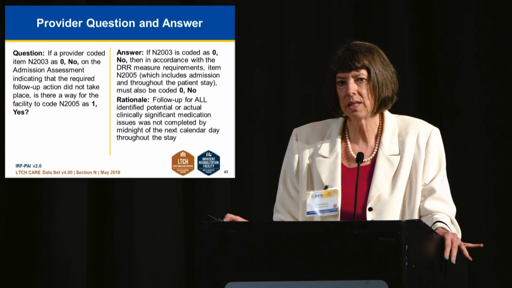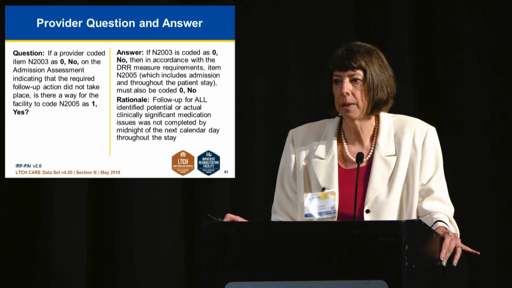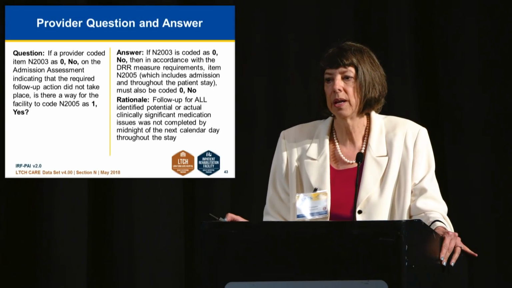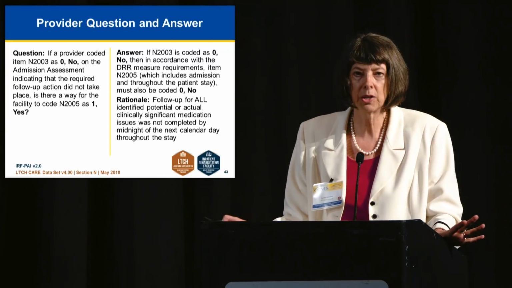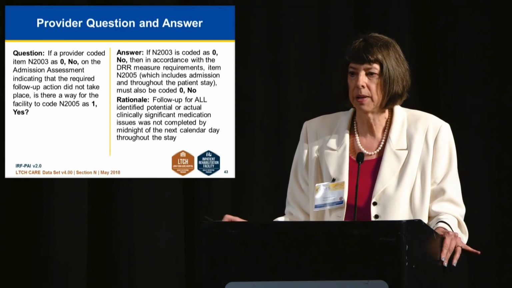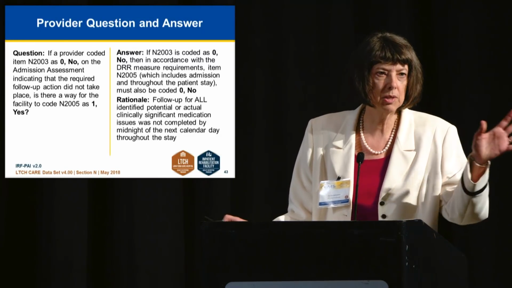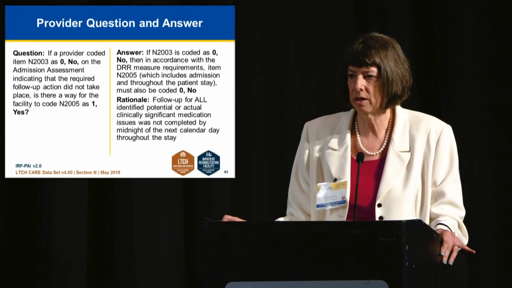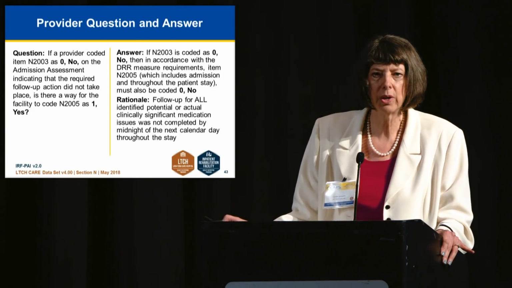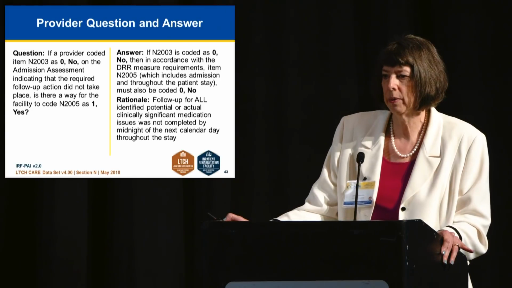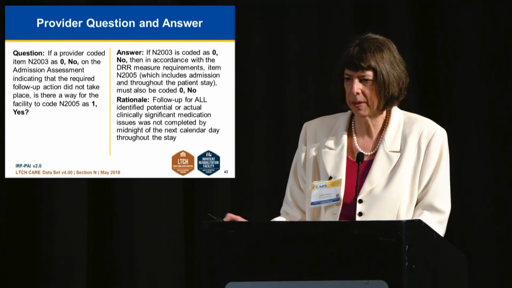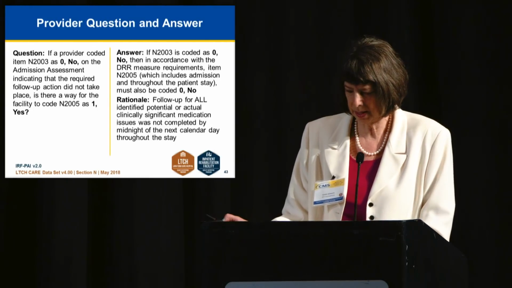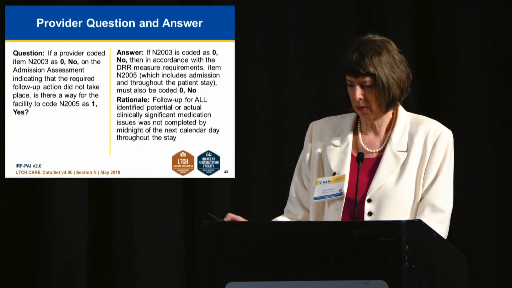The answer is, if N2003 is coded as 0, no, then in accordance with the DRR measure requirements, item N2005, which includes admission all the way through discharge, must be coded no. The rationale is that follow-up for all of the identified potential or actual clinically significant medication issues was not completed by midnight of the next calendar day or throughout the stay.